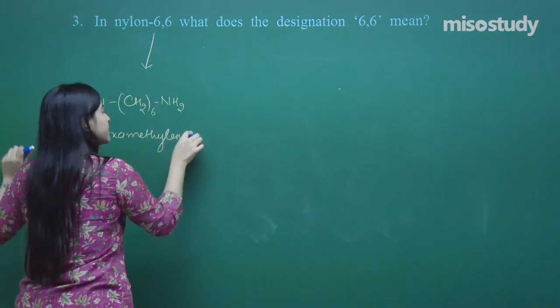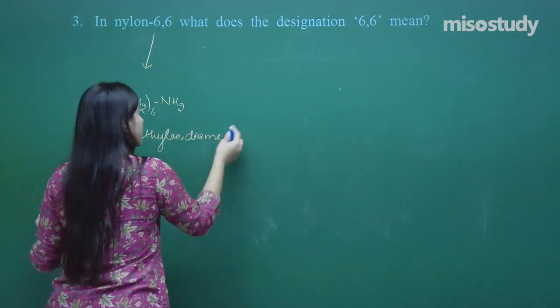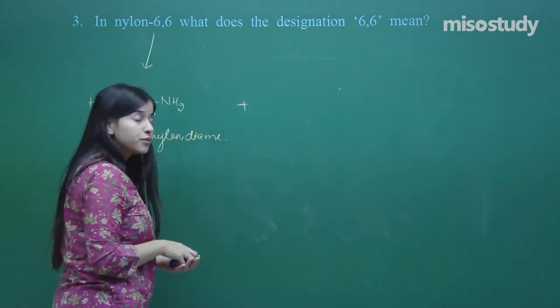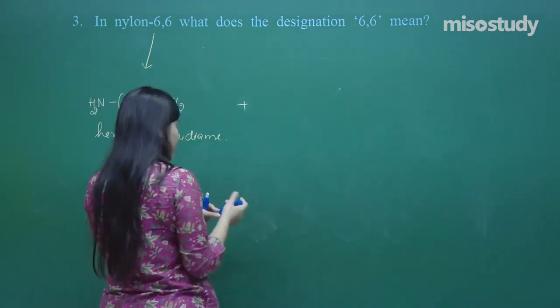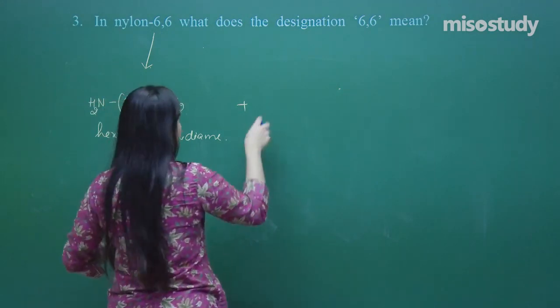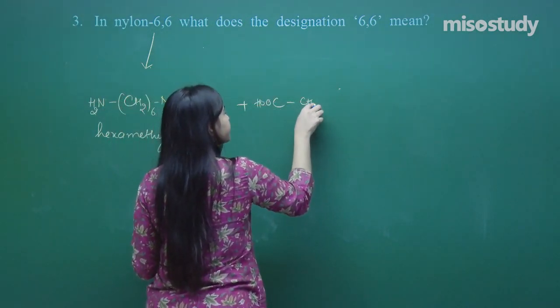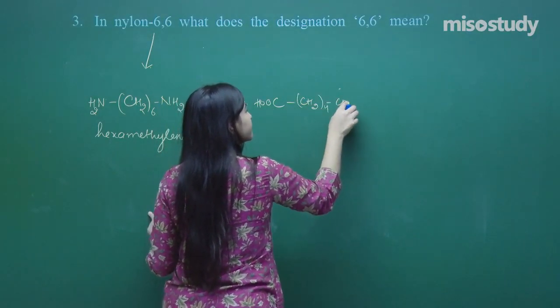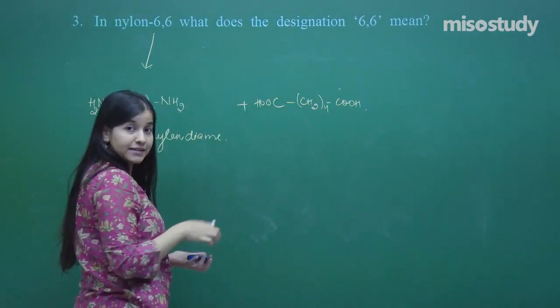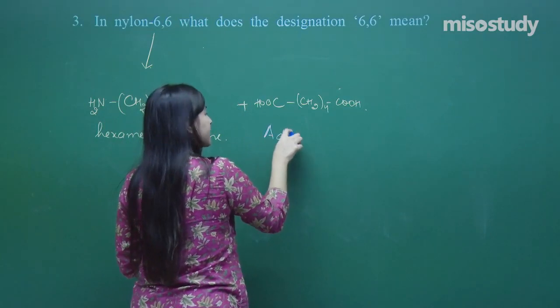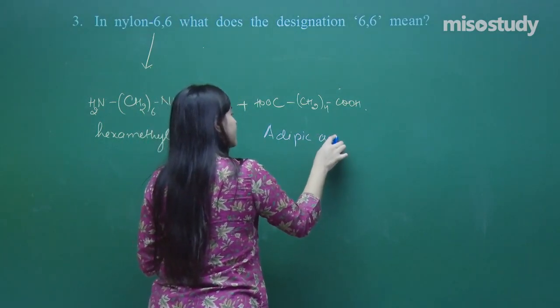Hexamethylene diamine, fine, along with another monomeric unit, so basically this is a copolymerization, this acid. And what is this acid known as? It's adipic acid. What is common in both of them? Can you judge?